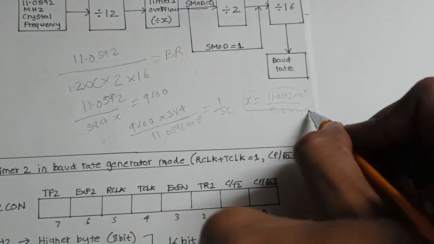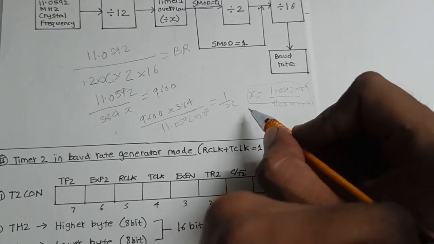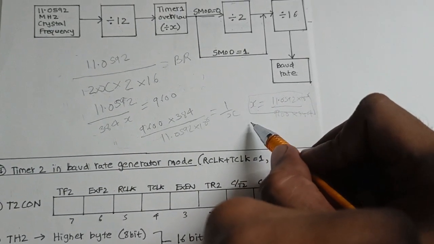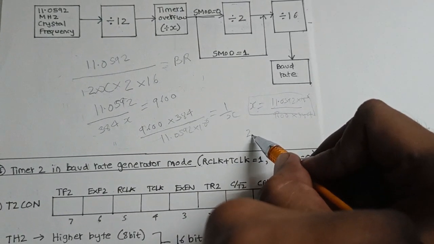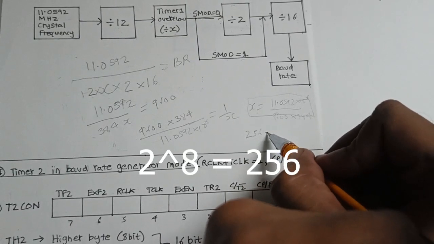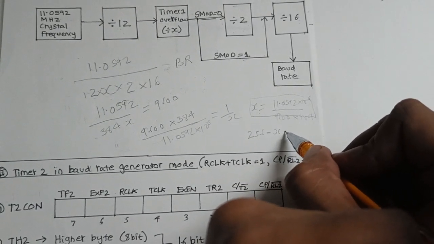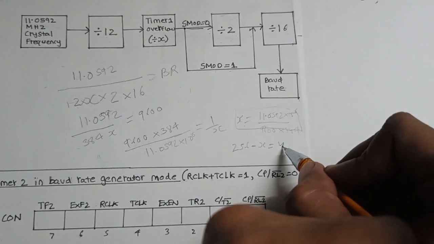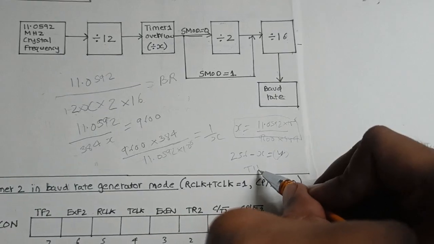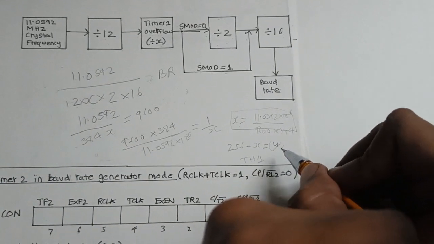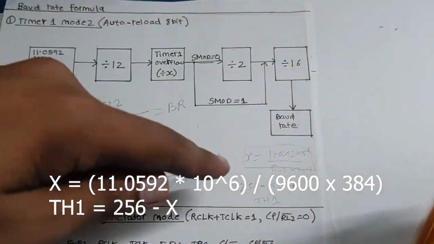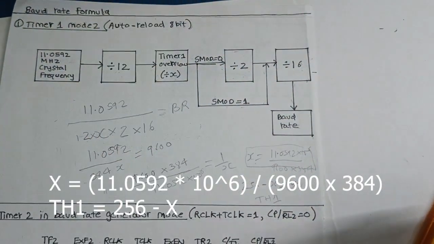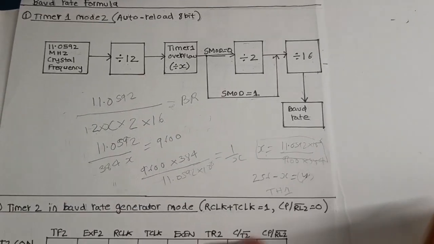This will give us the value of x, and we subtract this x from the maximum count of TH1. TH1 is 8 bits, so it's 256. 256 minus x will give us a value, suppose y, that we convert into hex and load in TH1. Let's calculate x on our computer, load it in TH1, and write code to transmit a single character.